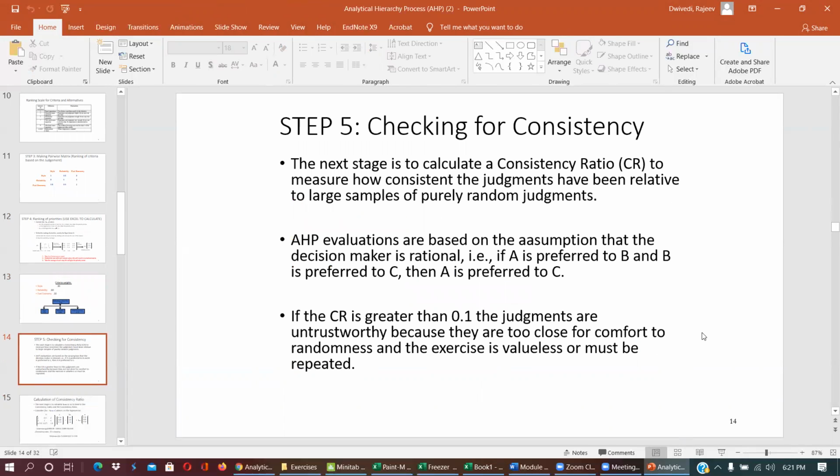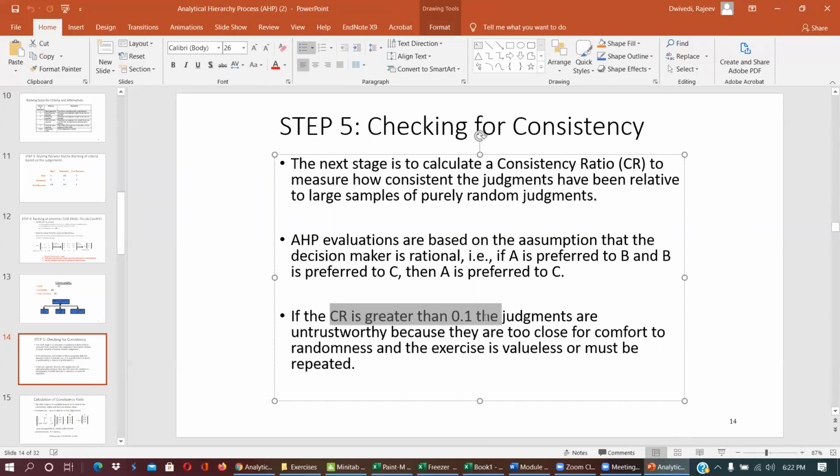Now next step is to calculate the consistency ratio. What is consistency ratio? To measure how consistent the judgments have been relative to a large sample of purely random judgments. So this checks the consistency of your judgment, pairwise. If consistency ratio is greater than 0.1, the judgments are untrustworthy.